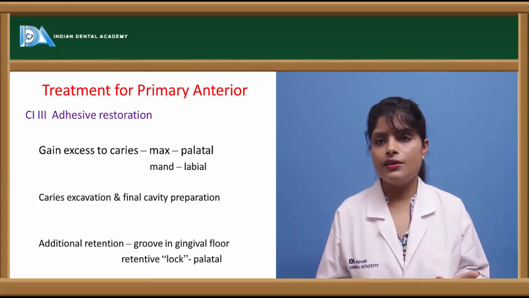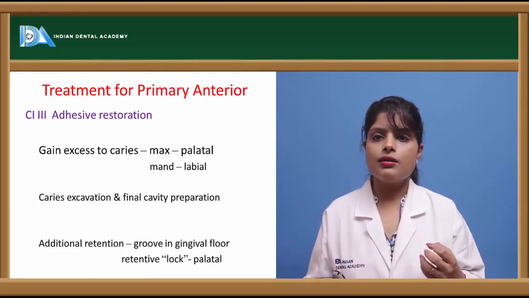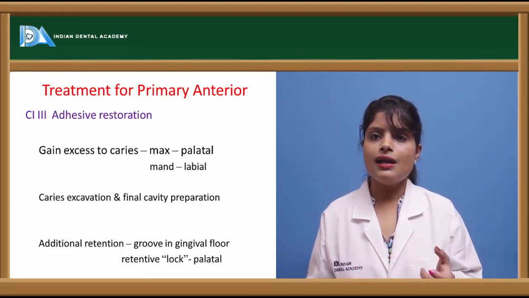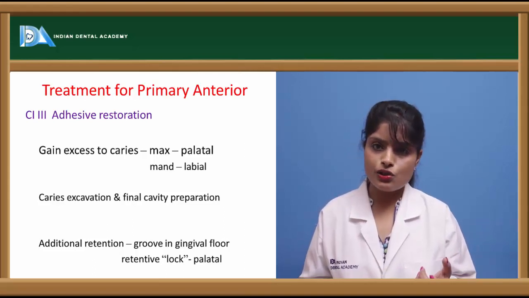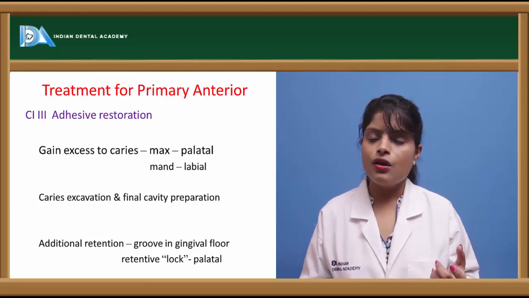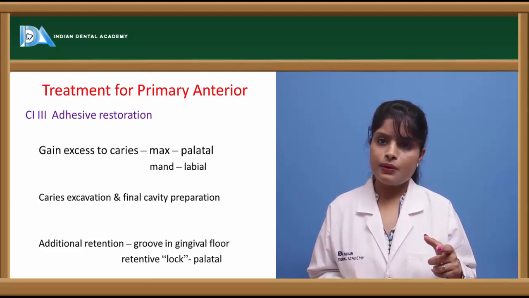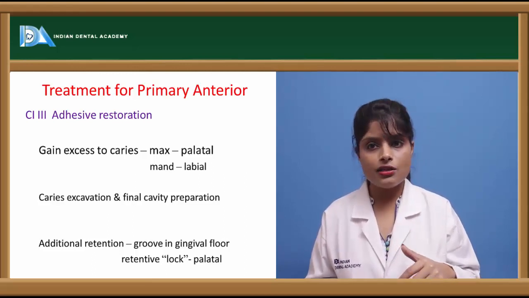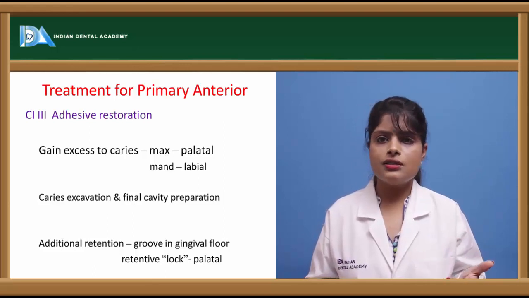But if the caries process is more advanced or there is demineralization or undermining of the enamel, then we go for proper cavity preparation. In the case of maxillary anterior teeth, we go for a dovetail preparation lingually. But in the case of mandibular anterior teeth, the dovetail is prepared labially, simply for aesthetic reasons.